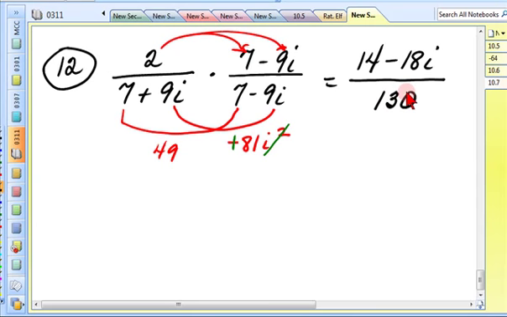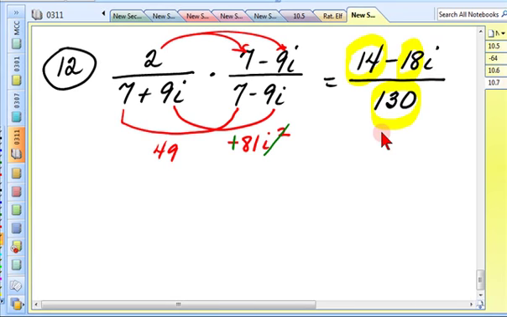Now, let me say something about the answer. It says simplify your answer. So if all terms, because remember this 18 is being multiplied times the i, it's like an 18 times a radical, if they all share a common factor, you need to reduce.